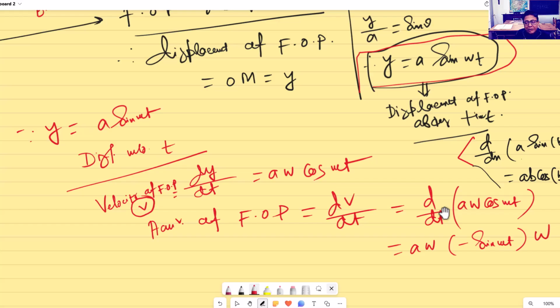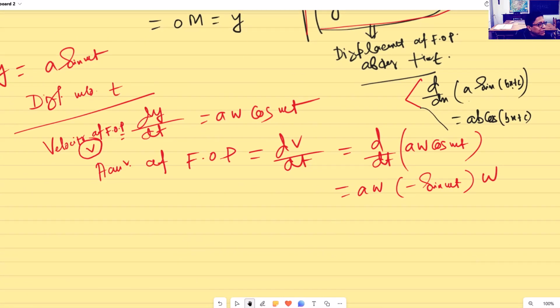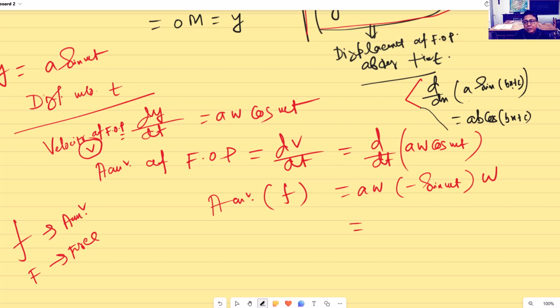I told you in the beginning that acceleration will use a different symbol because A stands for amplitude here. We take small f for acceleration and big F for force in this chapter throughout. So acceleration f is equal to minus omega square A sine omega t.